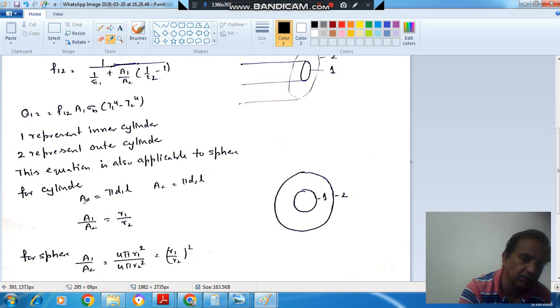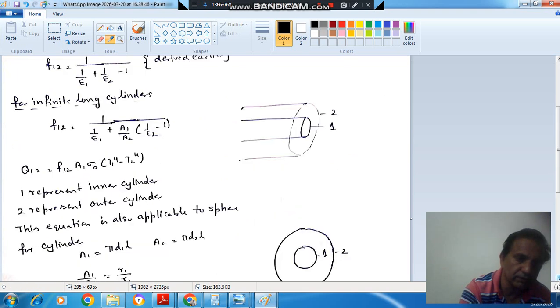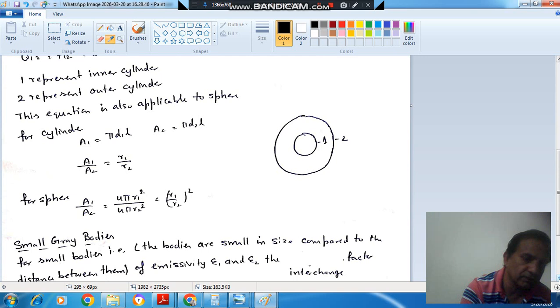And for a cylinder the area is pi d1 L for A1, and A2 is pi d2 L, so A1 by A2 is r1 by r2. Okay, so this is the common formula that we can use for the interchange factor. So this is the basic formula for infinite parallel planes, for concentric cylinders and concentric spheres.